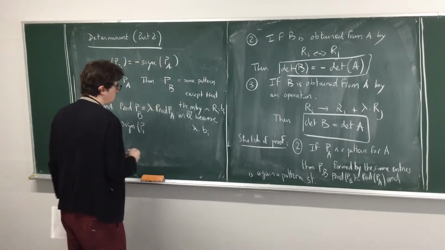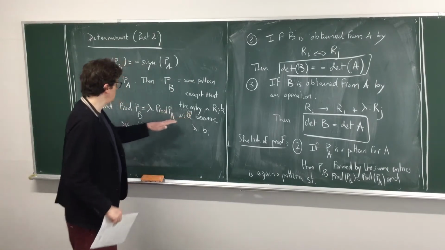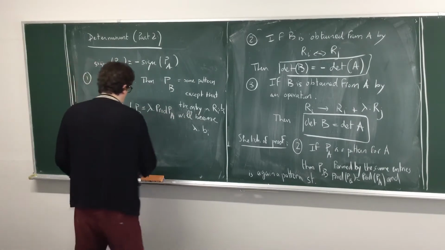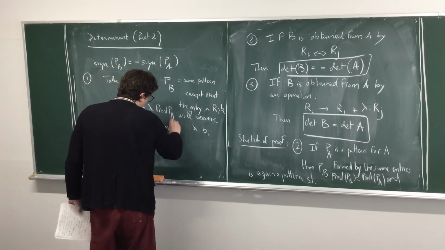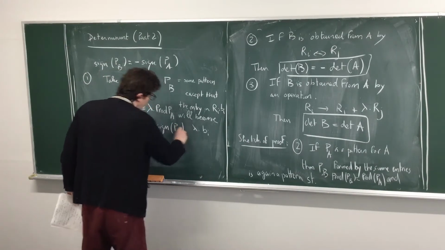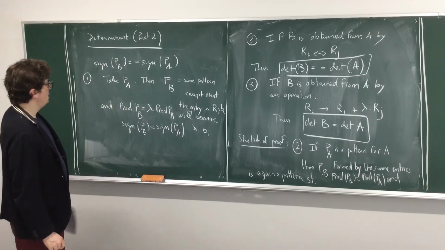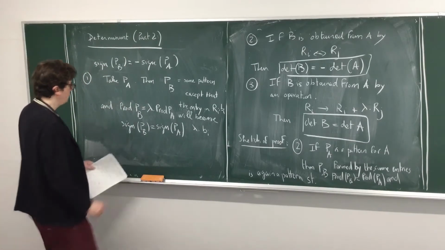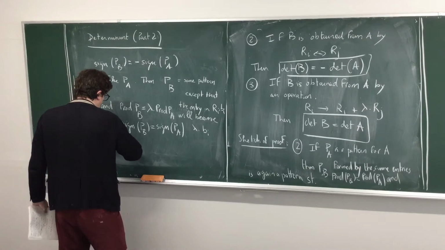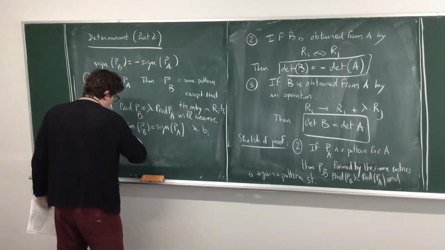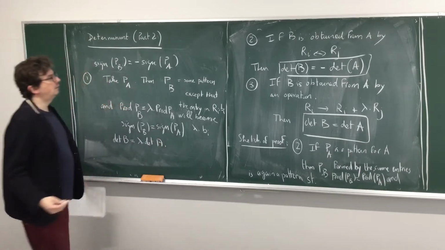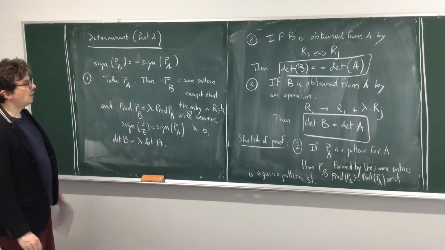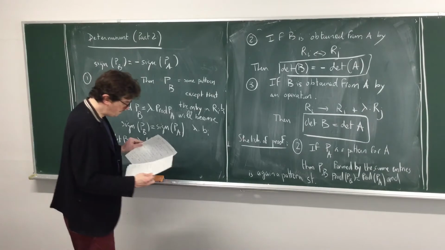Because the locations of the entries of PB and PA are exactly the same, the sign of PB will be exactly the sign of PA. And so, as you can see, finally the determinant of B will be equal to lambda times the determinant of A. Okay, so this is not difficult to understand.